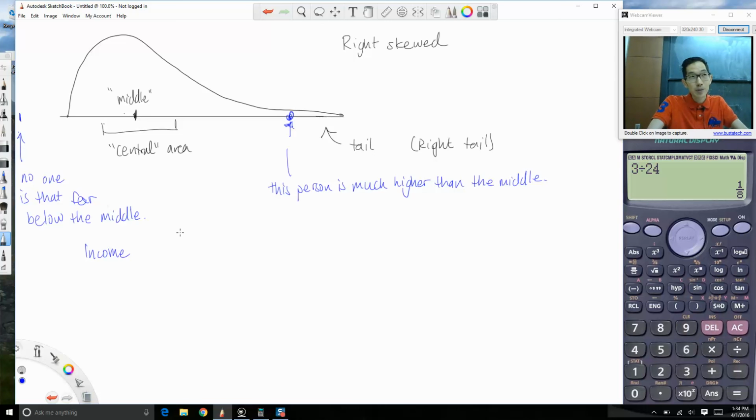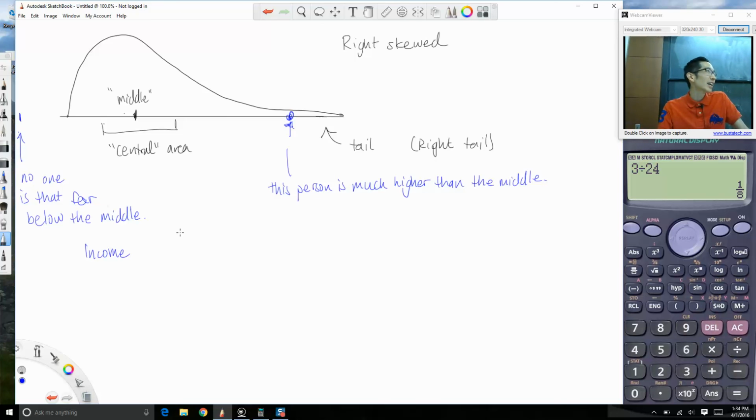If we go 900,000 below average, that would take us to something like negative $800,000. Does anybody make negative $800,000 a year as what they're being paid? No, that would be impossible, if not illegal, okay?